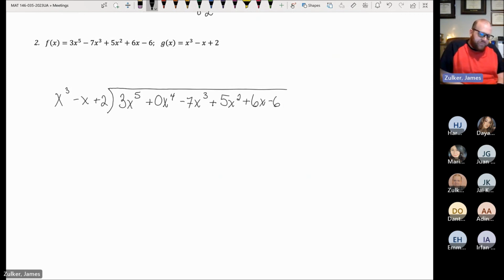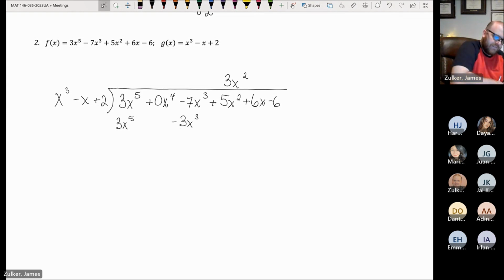Right, so we look and we go, okay, what are we going to multiply x cubed by to get 3x to the 5th? All right, so we'll get the 3x to the 5th minus 3x cubed plus 6x squared.